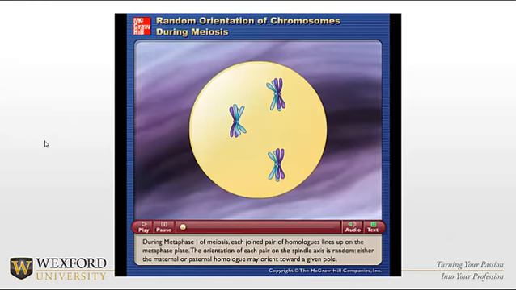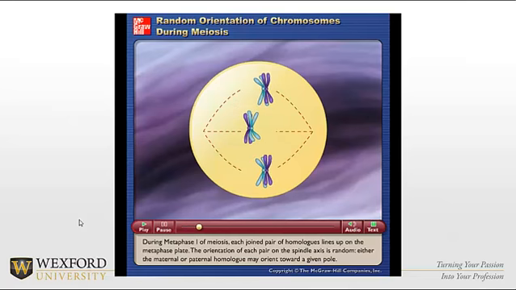And once again, it's all about genetic diversity here. And so let's look at this random orientation of chromosomes during meiosis. During metaphase I of meiosis, each joined pair of homologs lines up on the metaphase plate. The orientation of each pair on the spindle axis is random.